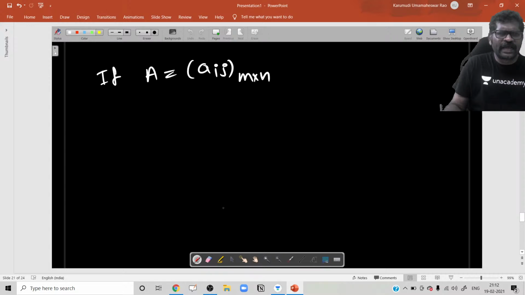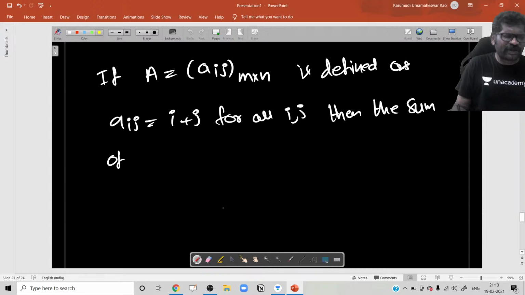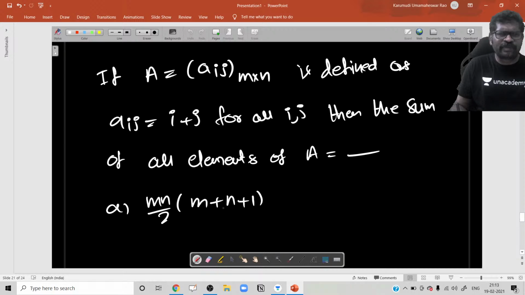Next problem. If A is equal to Aij, M cross N, is defined as Aij equal to i plus j for all i, j, then the sum of all elements of matrix A. Option A, mn by 2 of m plus n plus 1.